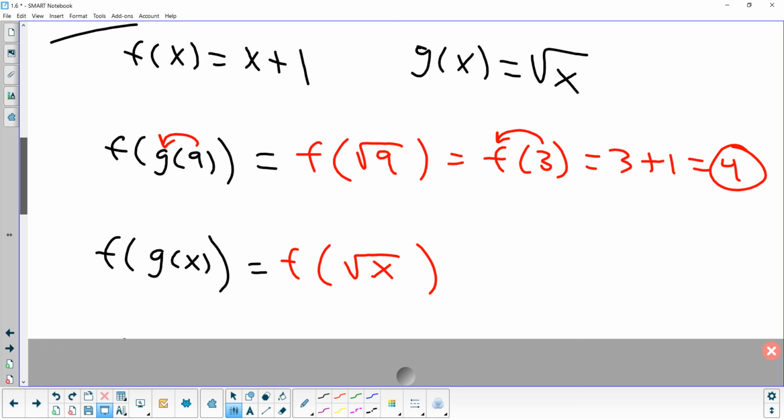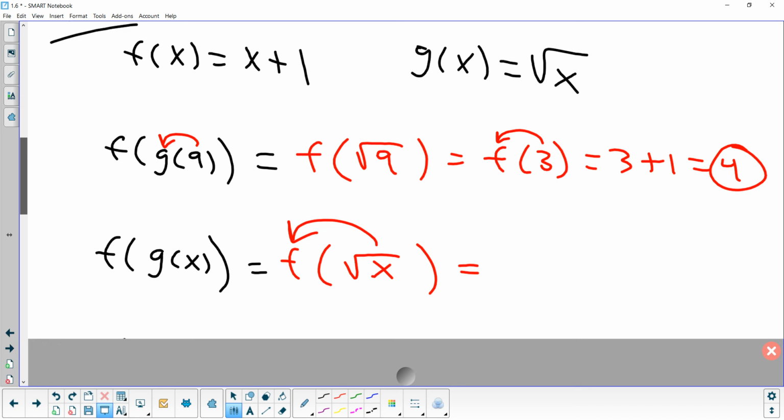Any questions on that first step? Now, take that and fill it in to function f. Okay, Isaac, if I fill in square root of x for f, what do I get? X plus 1.